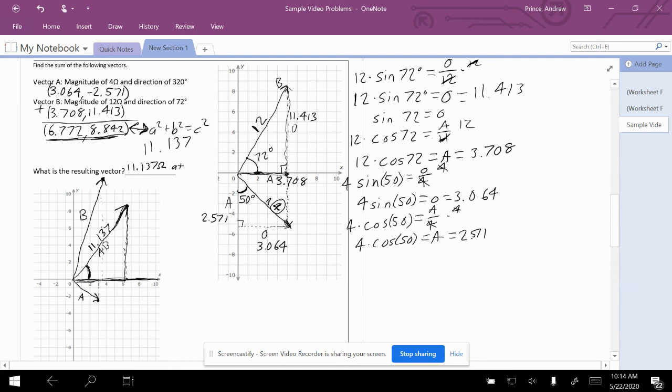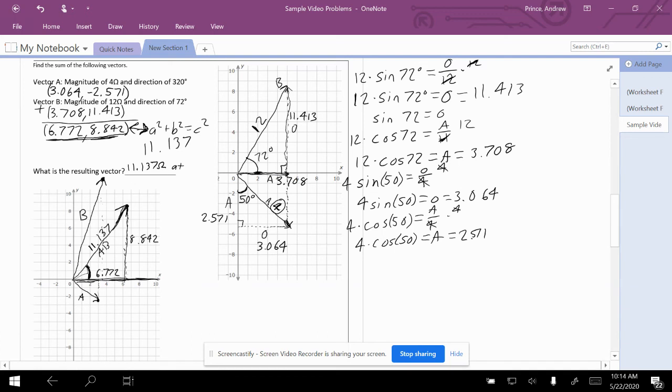The 6.772 is the x, so I'll write that in here, and the 8.842, that was the y. Based on my perspective here, looking for this angle, my opposite is going to be 8.842, and my adjacent is 6.772. So I'm going to be using tangent.